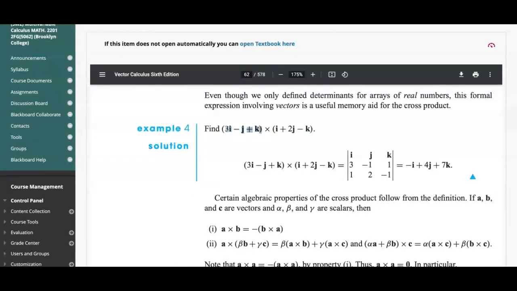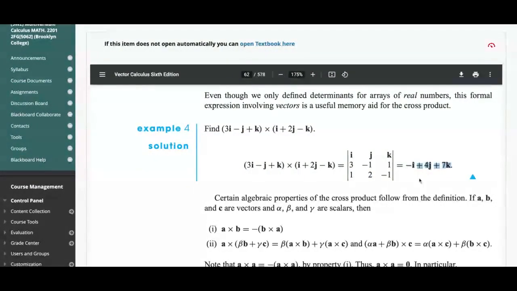Okay, so the first vector is 3, -1, and 1. The second vector is 1, 2, -1. We will put ijk on top, cross product.